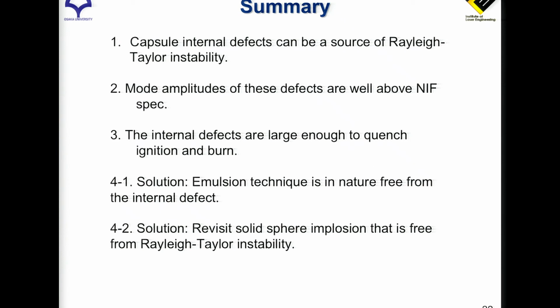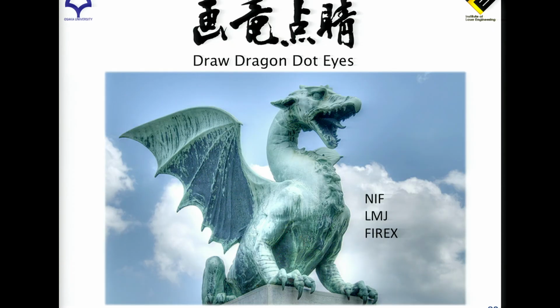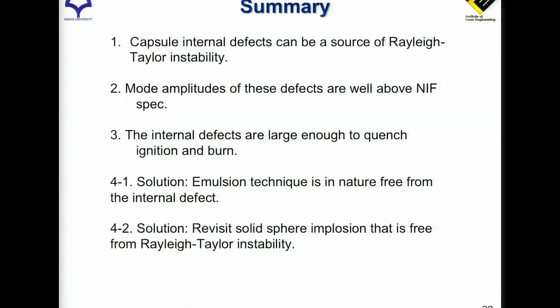Solution 1, the emulsion technique, is in nature free from internal defects. And solution 2, revisit sphere implosion, like Kidder's idea, that is free from Rayleigh-Taylor instability.